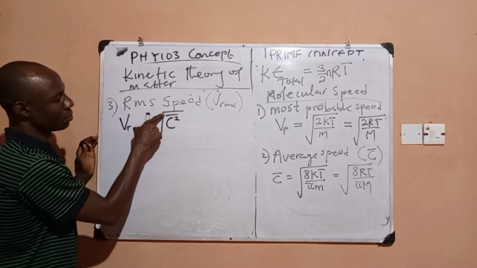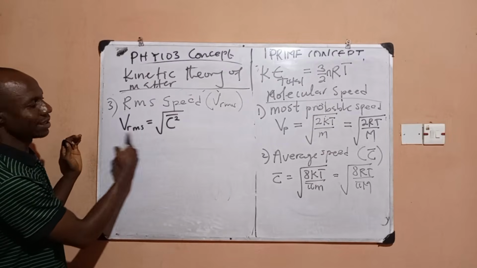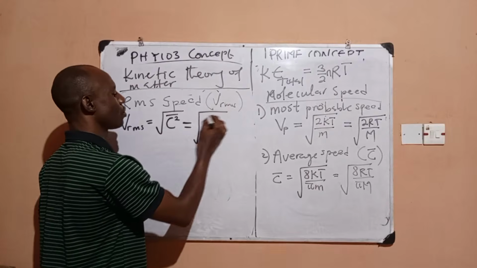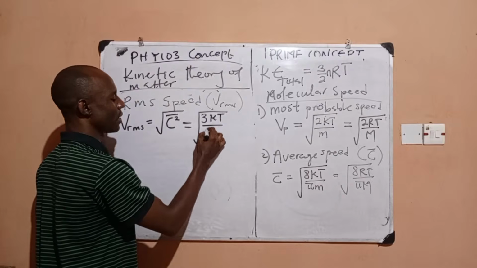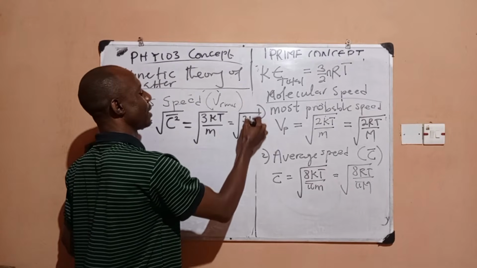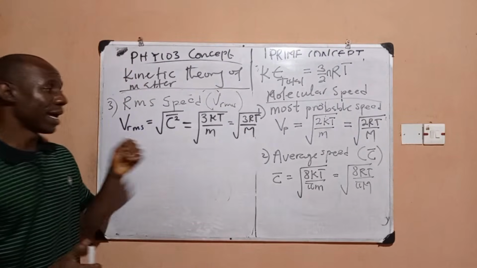They are the same thing, right? So RMS speed is equal to the square root of 3kT over mass, or 3RT over molar mass. So that is RMS speed.